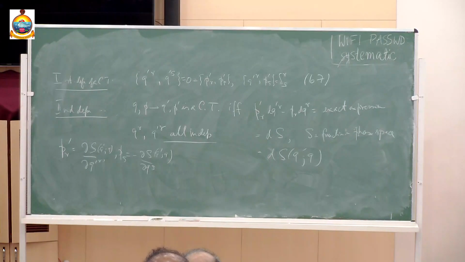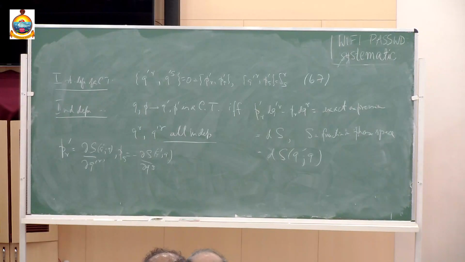Choose any suitable capital S. It has to obey a condition. I come to it in a moment. For any choice of an allowed capital S in this form, here is a canonical transformation. The second definition, when expressed in this manner, allows you to describe canonical transformations. So the definition is giving you a route to the construction. That's the way to put it.